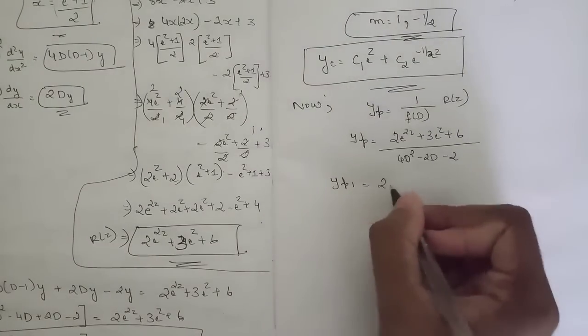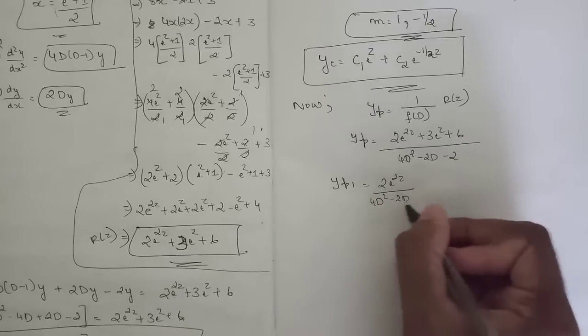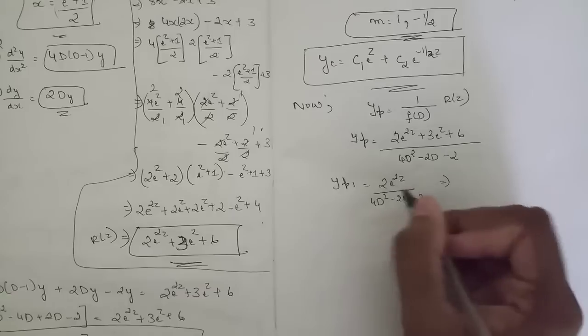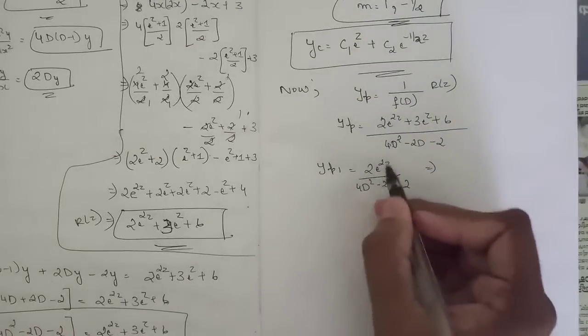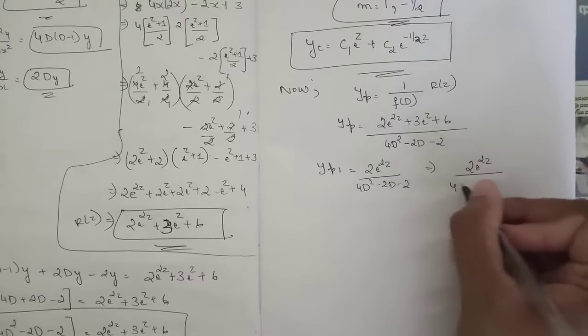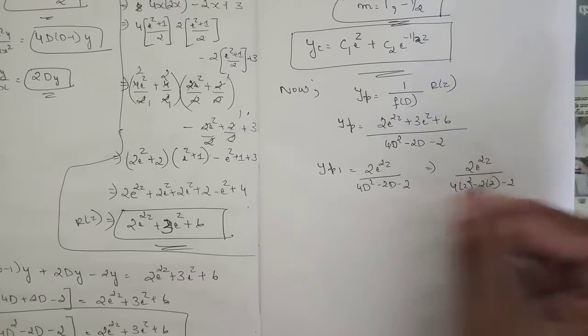So the first term is 2 e power 2z divided by 4d square minus 2d minus 2, where we need to replace d by a according to the first type, where the value of a is 2, so we get 2 e power 2z divided by 4 into 2 square minus 2 into 2 minus 2.